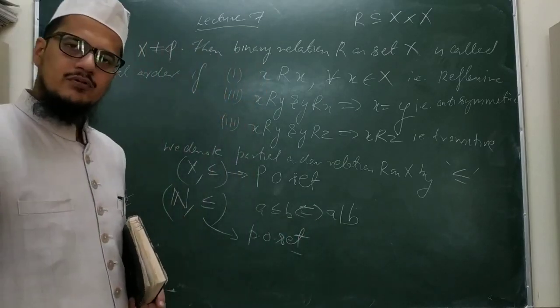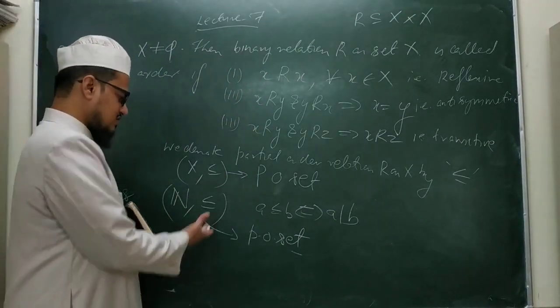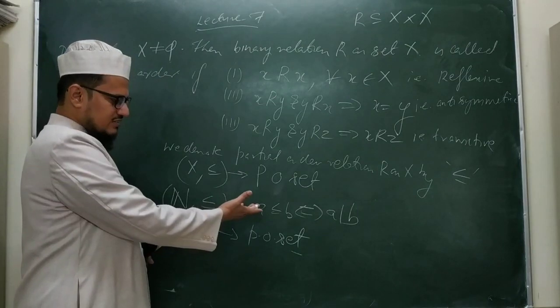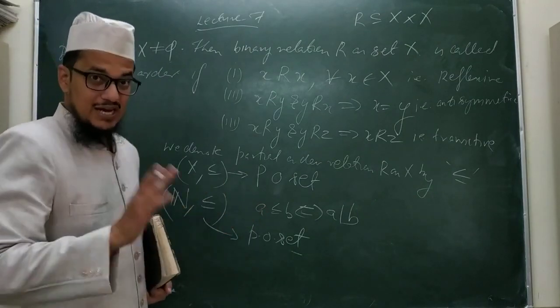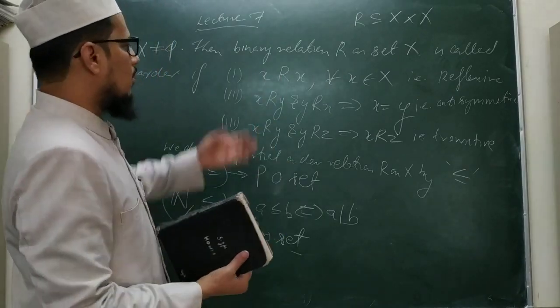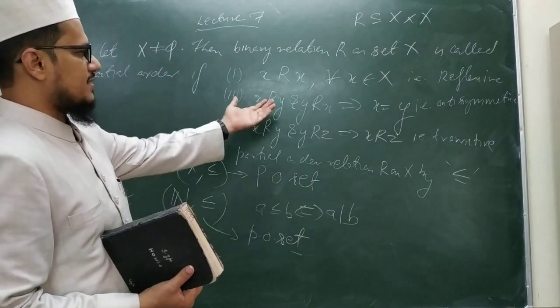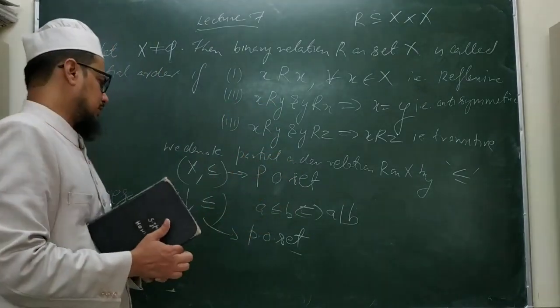This is an example of a partial ordered set. That is, we define the relation a is related to b if and only if a divides b. You can verify that this relation is reflexive as well as antisymmetric as well as transitive. So this is the example.